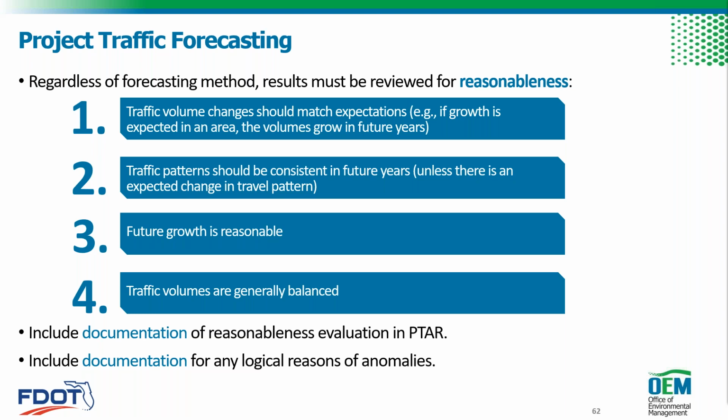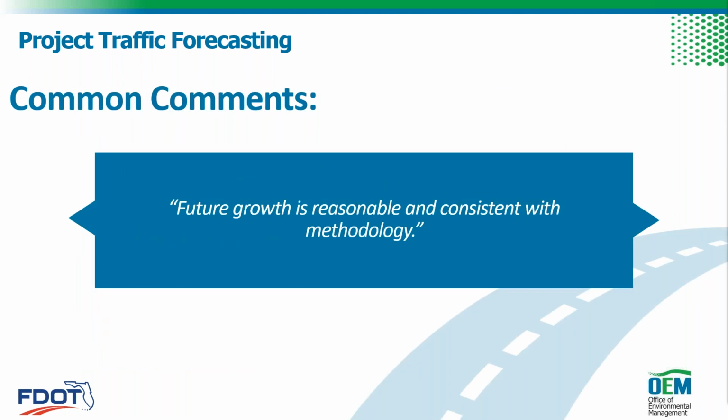And we talked about this some earlier, but it's important to look at that as well. So please include documentation of this reasonableness check in the PTAR. And if there are any kind of odd things going on, but there's reasons for that, please include documentation of that as well to help the unfamiliar reader when they're reading the report.